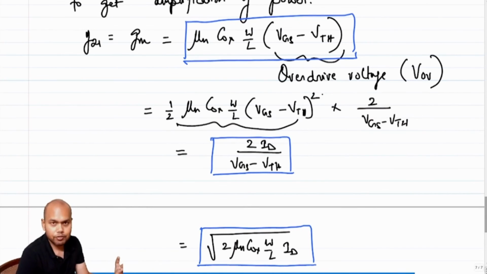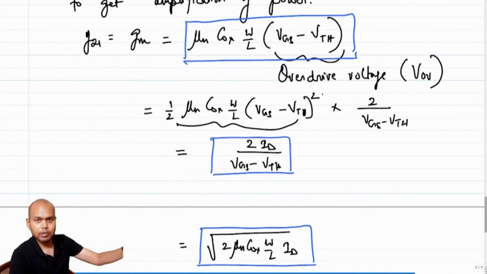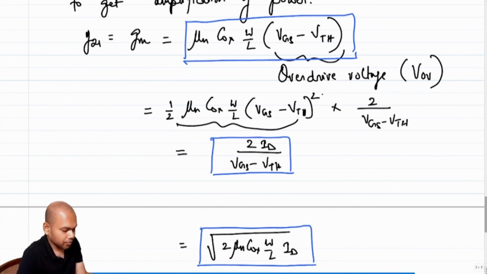But here you have to be careful, and you have to understand that all three equations are giving you the same information, because they have come from the same mother equation of current in the saturation region.